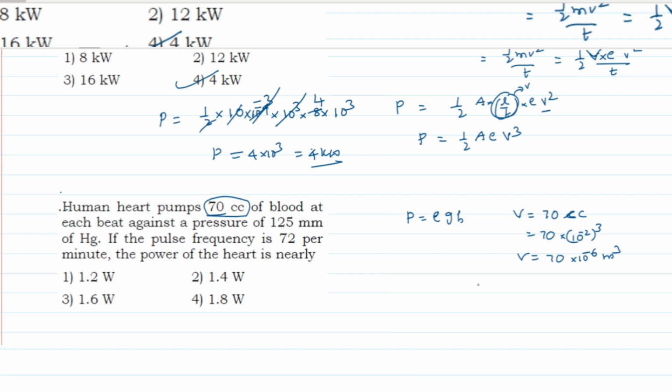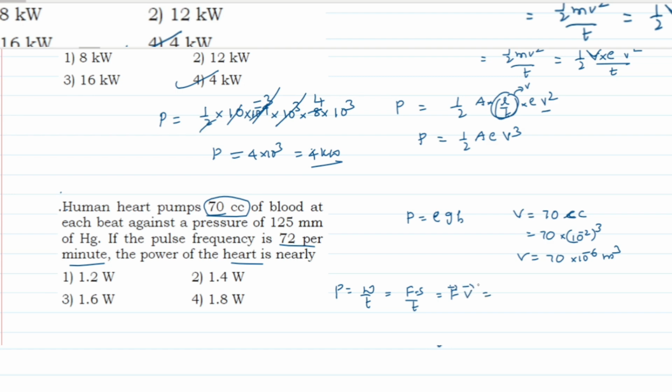Now they are given the pulse frequency of 72 per minute, and they are asking for the power of the heart. Power equals the rate of doing work. Work done can be written in terms of force and velocity: work done equals force into displacement by time, which is nothing but force into velocity.